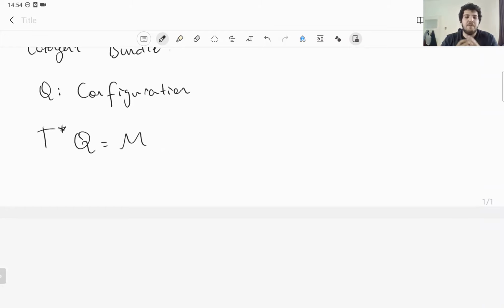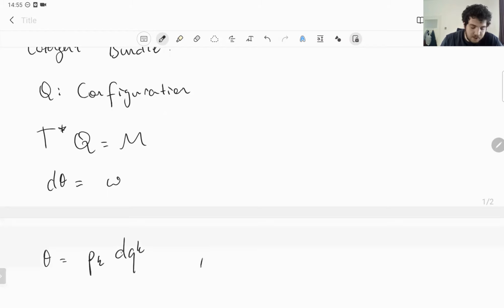Because we already have theta as a 1 form on this by definition, we can take the exterior differential of theta, d theta equals omega, and omega itself will be our two form. Since it's globally exact, it will obviously be closed, and it's non-degenerate because we have an atlas on it, a local coordinate system, where we can write omega using the Einstein summation.